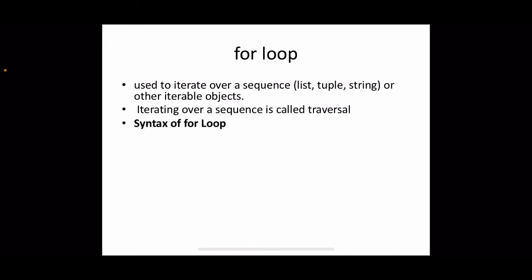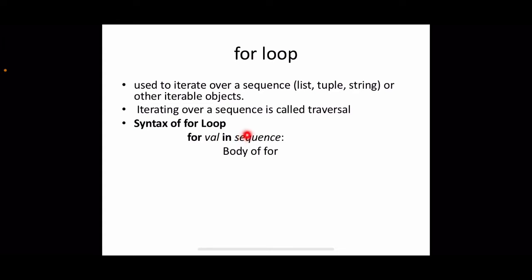So we will see the syntax for this for loop. For val in sequence, body of for loop. The meaning is that the sequence is a sequence of items, can be a list, string, tuple, etc. And this for loop will take each item from that sequence and assign it to this variable, whatever the variable name may be.